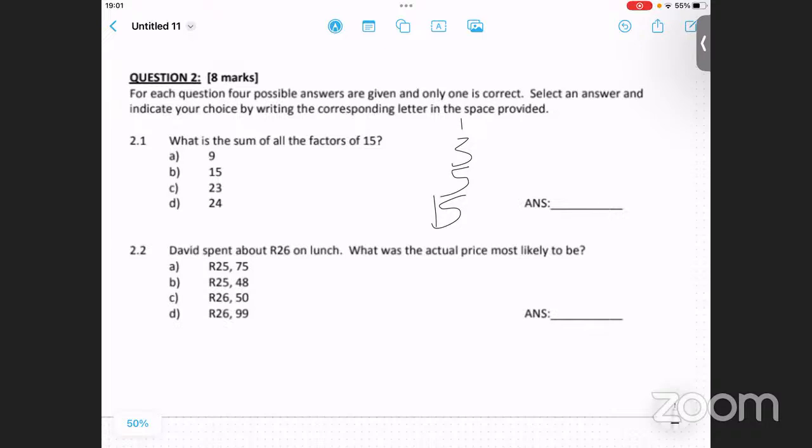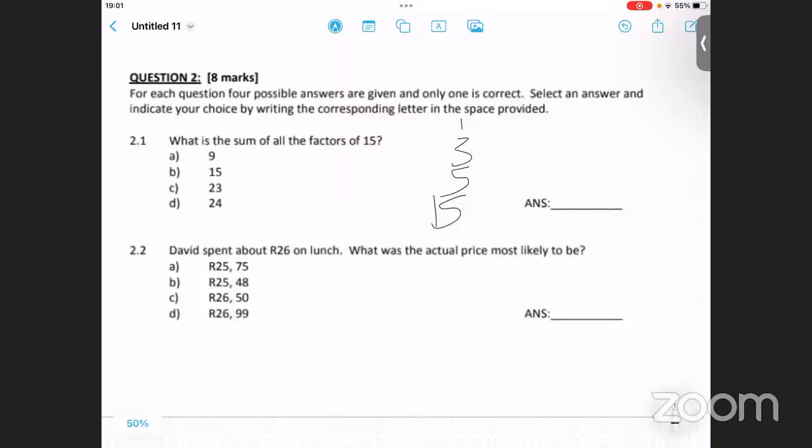It's letter D, 24. Perfect. So the answer is 24, and yes, letter D is correct. 15 plus 5 is 20, 20 plus 1 is 21, 21 plus 3 is 24.